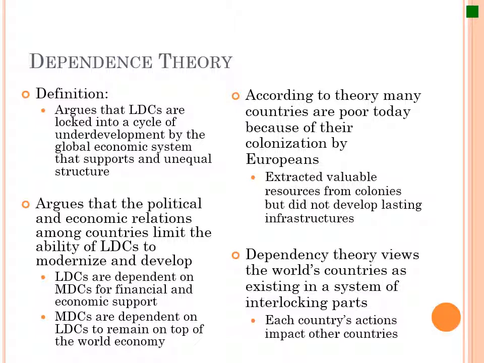The dependence theory argues that least developed countries, periphery countries, for the most part, are locked into a cycle of not being able to reach the same economic status as developed countries because they don't have the infrastructure or the internal support through education and political structure to be on the same footing as the more developed countries.